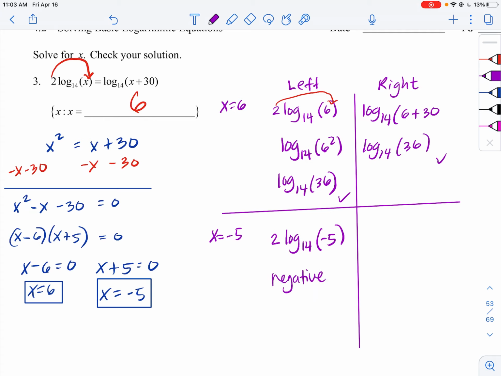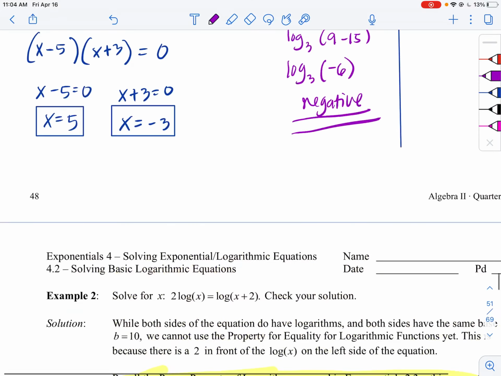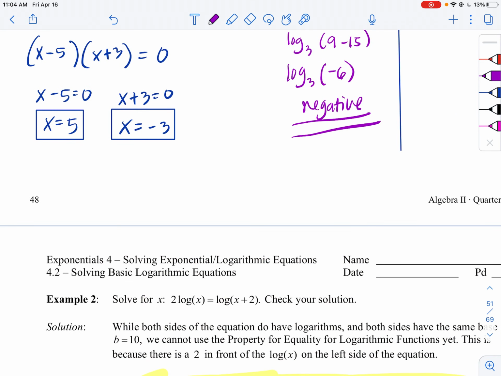Negative number, we can call that a negative argument. Let me put that one also in the other side. Negative argument.